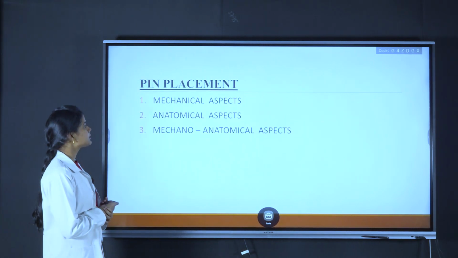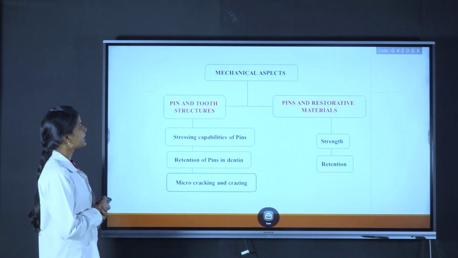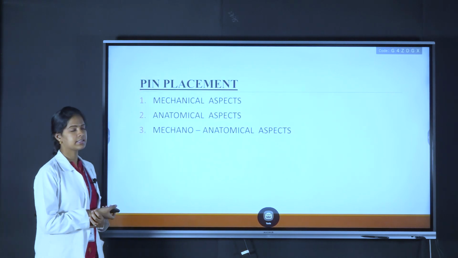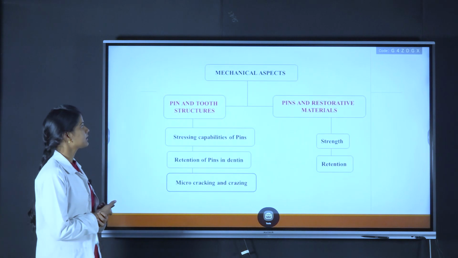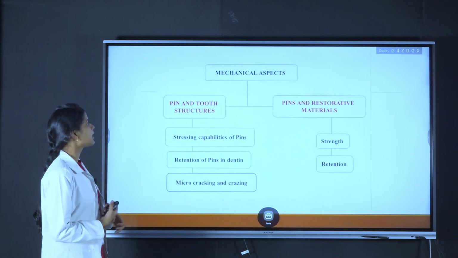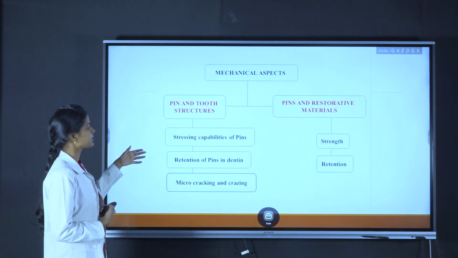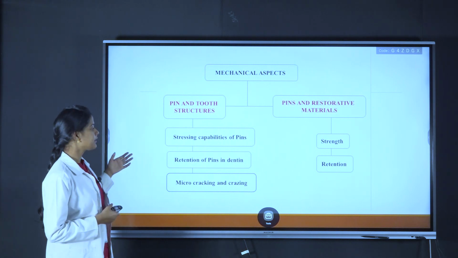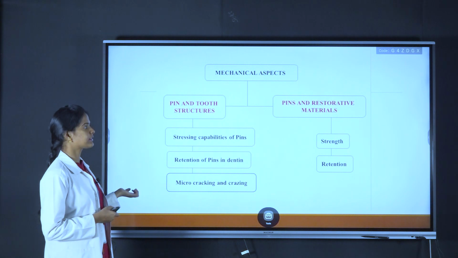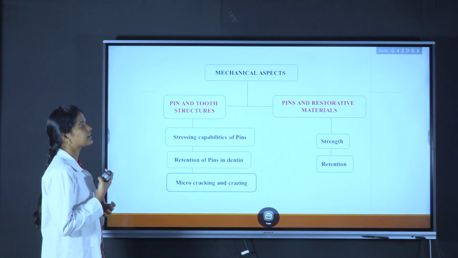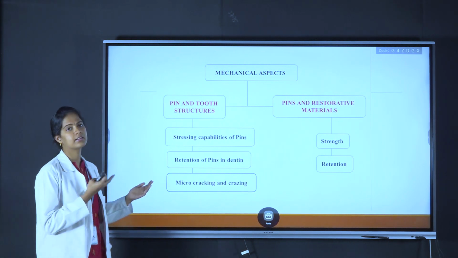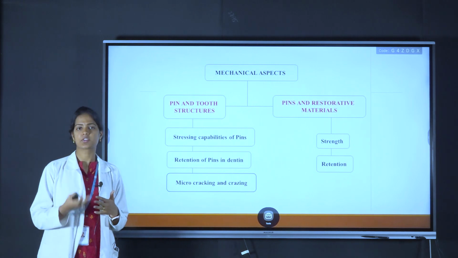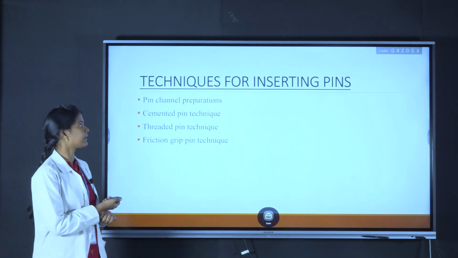So in pin placement, you have something called mechanical aspects, anatomical aspects, and the mechano-anatomical aspects. So coming to the mechanical aspects, you have, in relation to the pin and the tooth structure, the stressing capabilities of the pin, retention of the pin, and microcracking and crazing. And coming to the pin and the restorative material related, it's in relation to the strength or the retention of the amalgam.